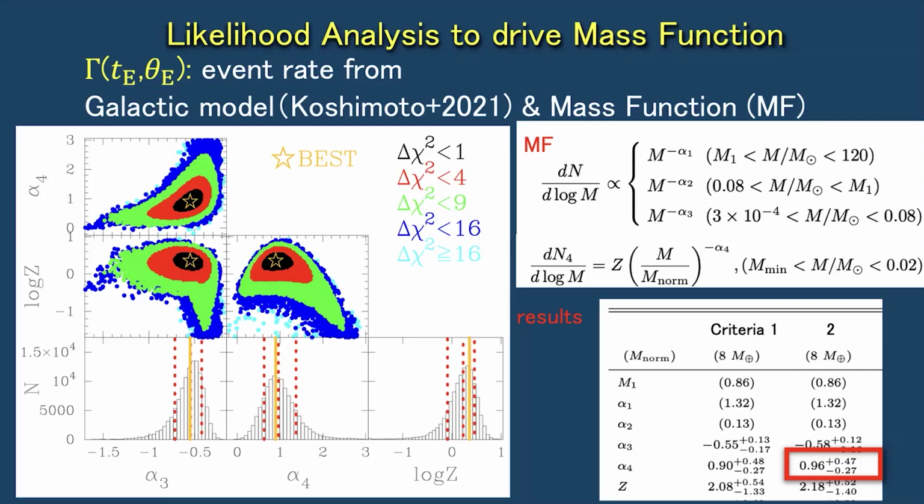In the mass function, we adopted a power law mass function like a Kroupa model for the stars and the brown dwarf with power of the alpha 3 for the brown dwarf. And then we added another power law for the planetary object with the power law index of the alpha 4 with normalization Z. And here is a corner plot of this, the fitting. And we found the best fit power law is 0.96.